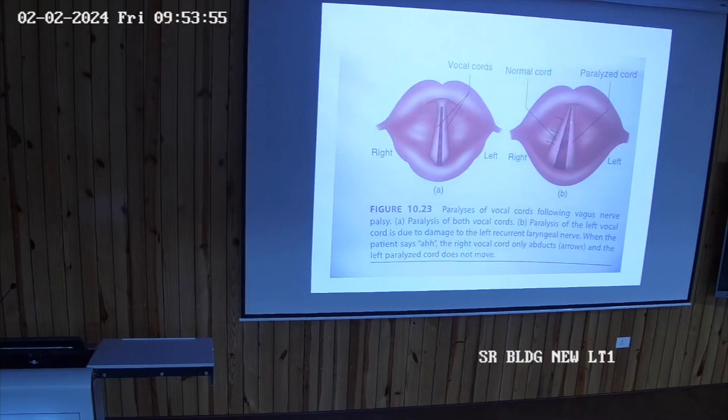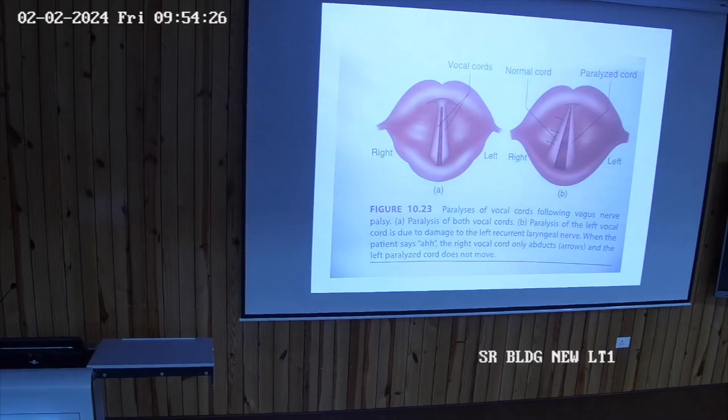And this is the normal vocal cord. The patient in whom the vocal cords are fixed, neither abducted nor adducted, as seen in A, this is called the cadaveric position of the vocal cords. That I will talk about later, don't worry.